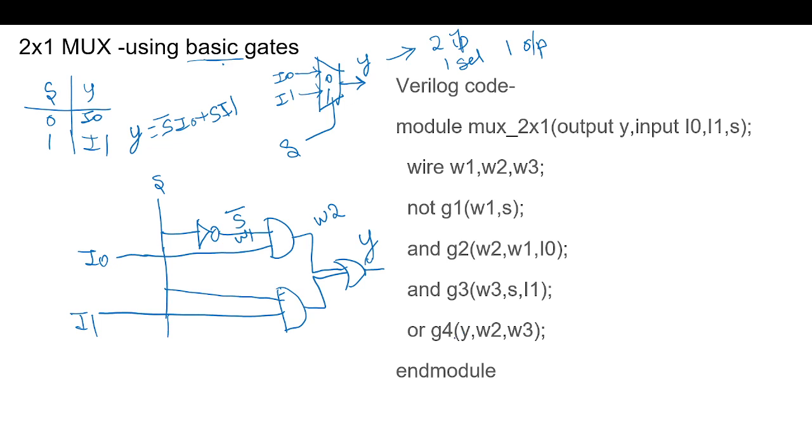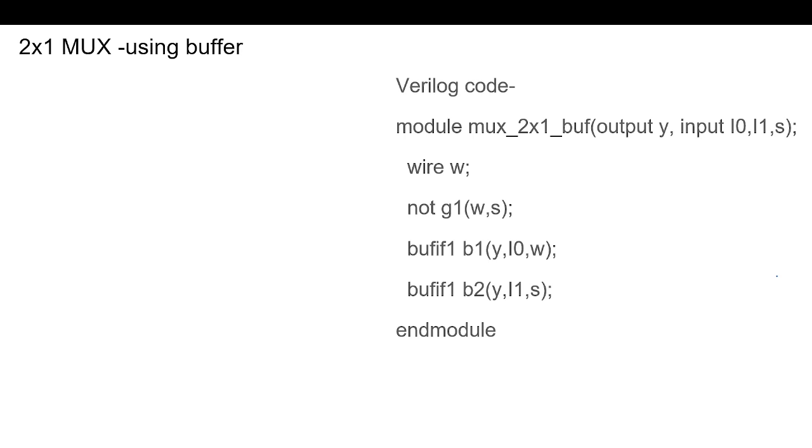Then performing S AND I1 and storing it in W3. W2 and W3 go through an OR operation, storing it in Y. So this is our code for the 2x1 mux.